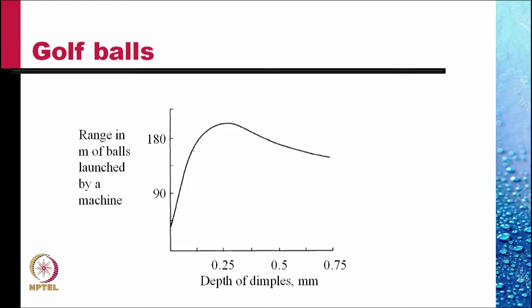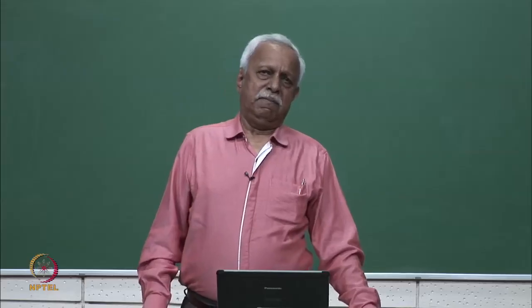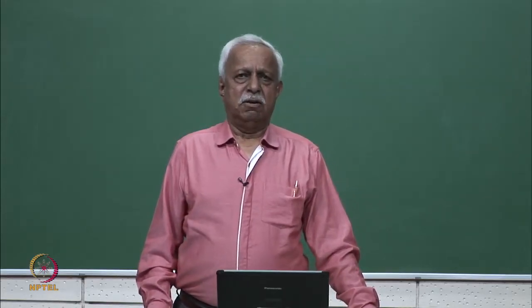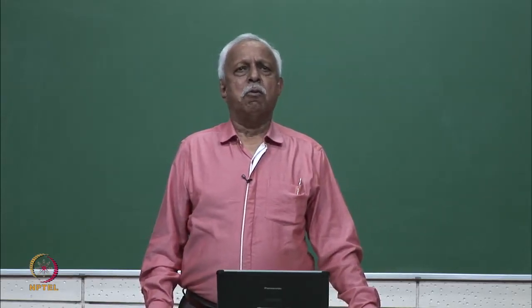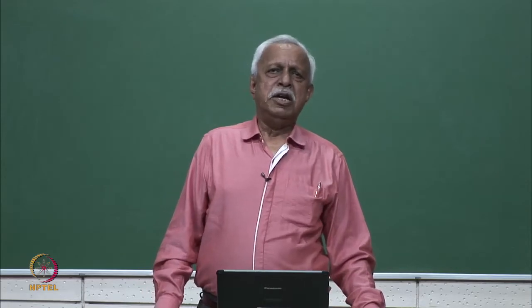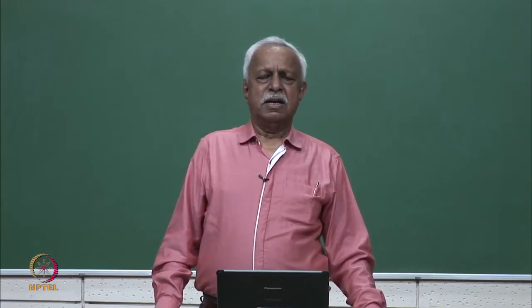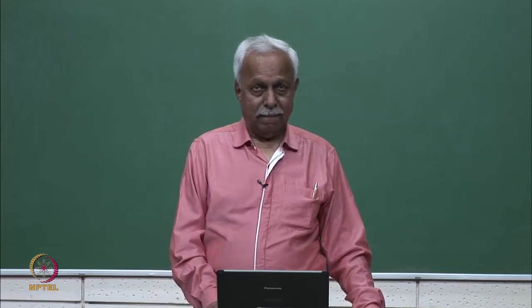But after a depth of 0.25 millimeter, the skin friction effects come into play. The rougher surface of the dimpled golf ball now causes an increase in skin friction, and that decreases the range slightly.